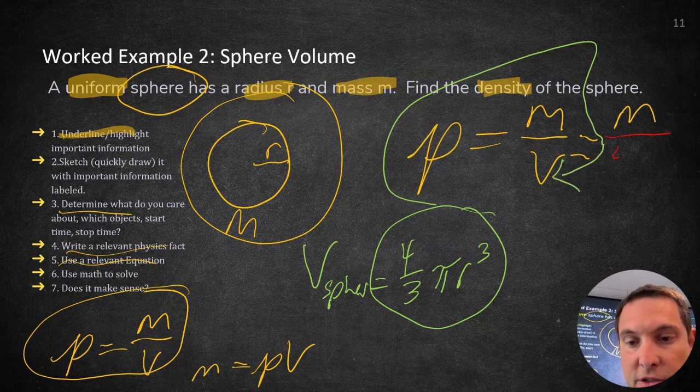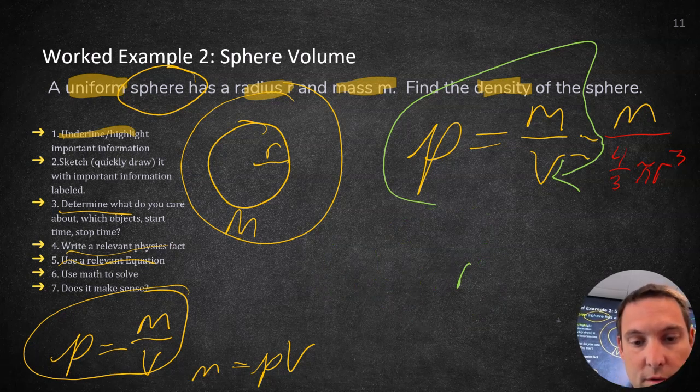So I get mass over 4/3 pi r cubed. Got that? I'm going to do some erasing here so I can clean this up. Make my answer look nice for that physics teacher who has to stare at it. Density equals m over 4/3 pi r cubed.